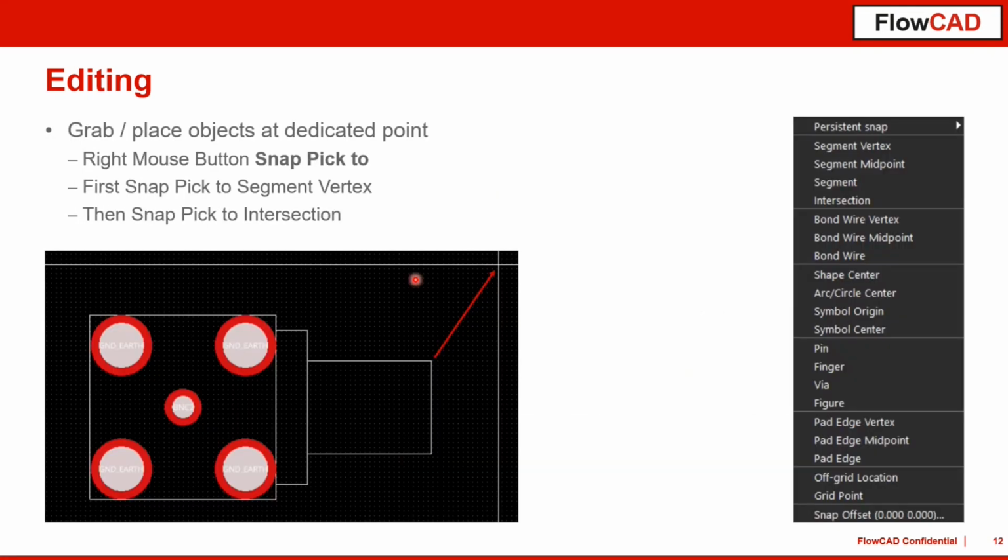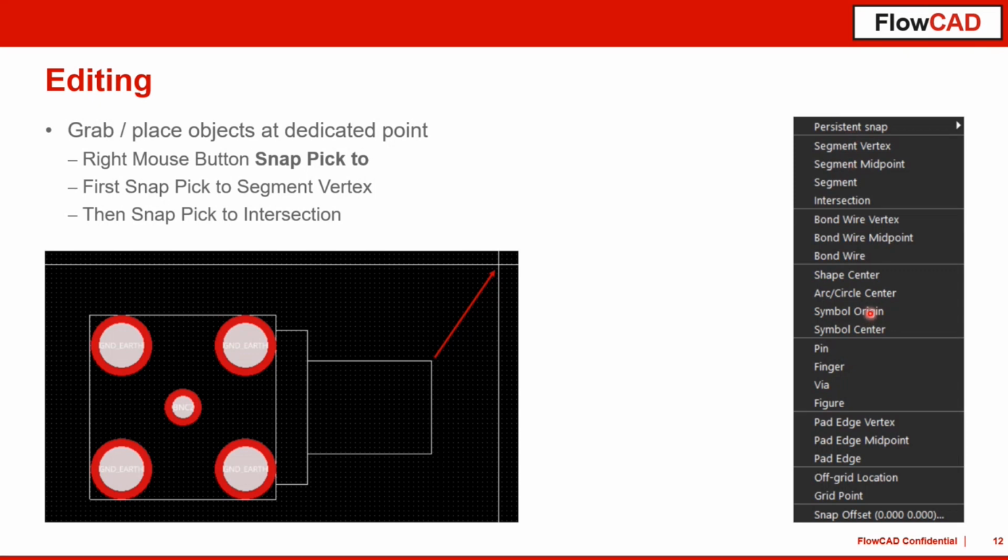Good, and another thing, experienced users are aware of this, I'm pretty sure. But more or less for the new users, Snap Pick To is really a nice and powerful feature. And if you use the Snap Pick To on the right mouse button click inside of a command, then you see you have quite a big list of different objects to which you can snap the mouse cursor.